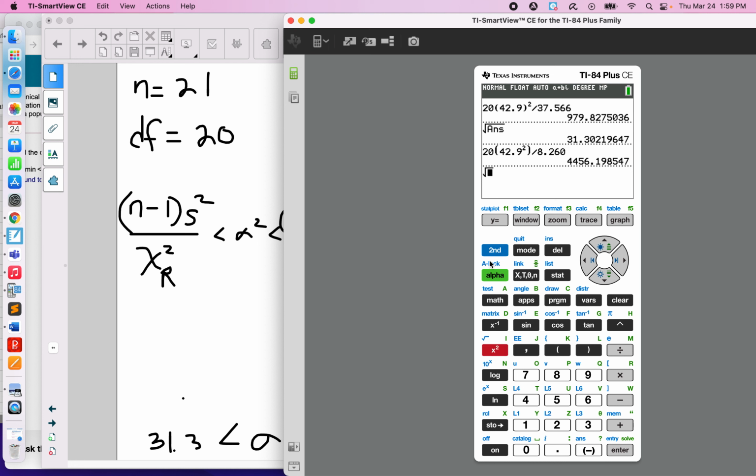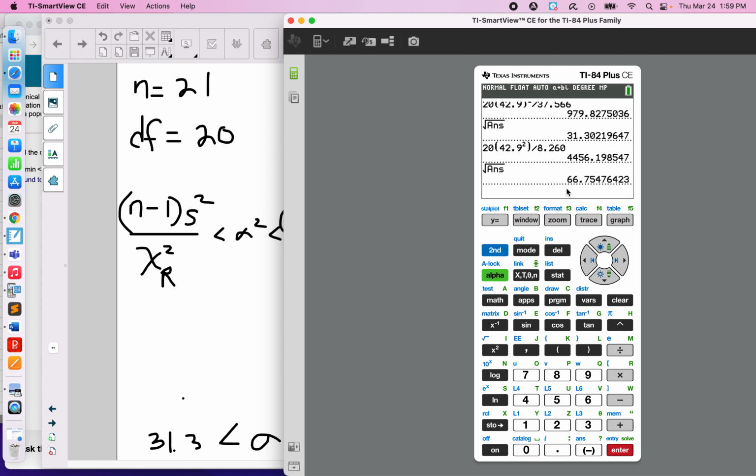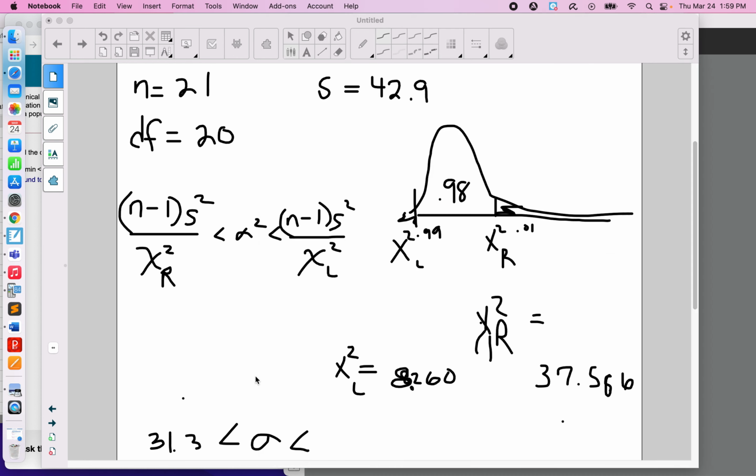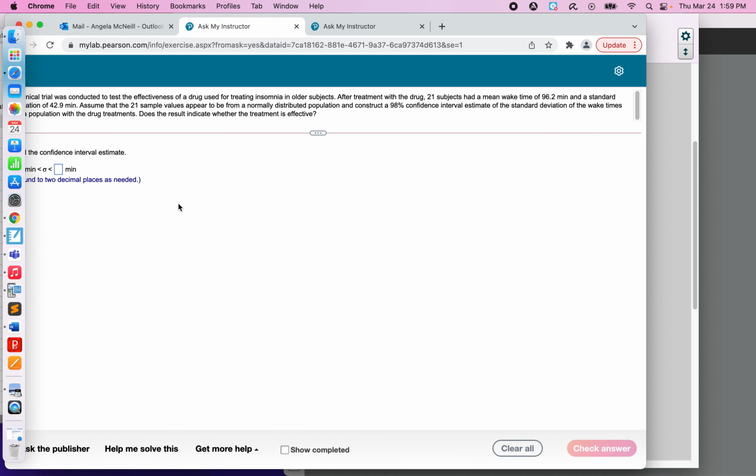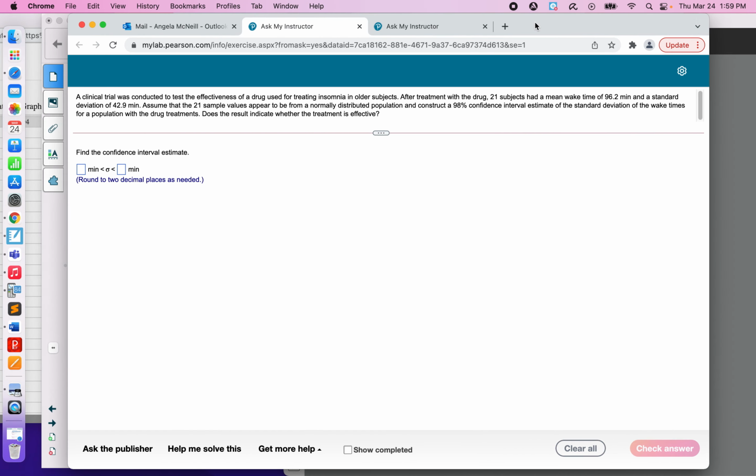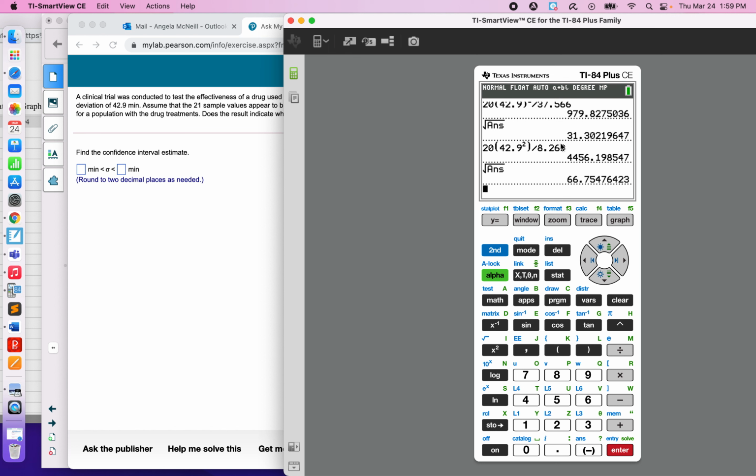Second square root, second answer. So we can get that answer in there. If you're more comfortable typing it in, go right ahead. And then we get 66.75, 66.8. Let me come over here and see what they want me to do. They want me to go to 2 decimal places. Of course they do. So this will be 31.30, and this will be 66.75.